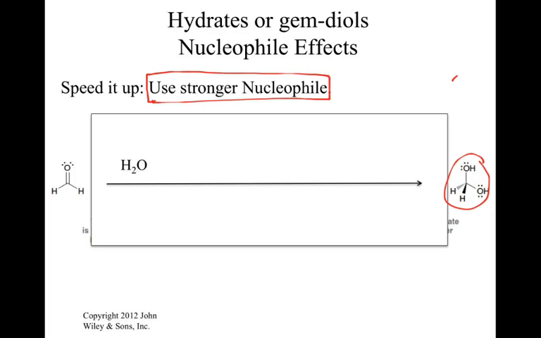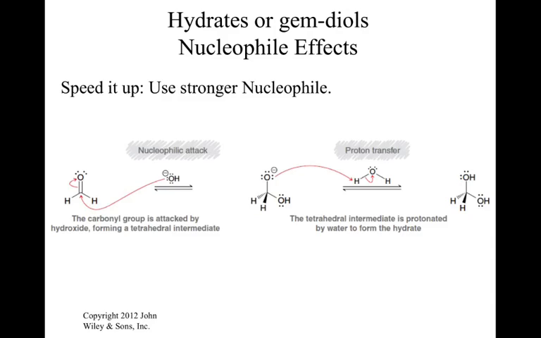So do whatever you have to do to get the stronger nucleophile, and then answer the question. Hopefully what you were able to come up with is something along these lines, where we have two mechanistic steps. Our hydroxide is being used as our stronger nucleophile. That strong nucleophile can do our attack.